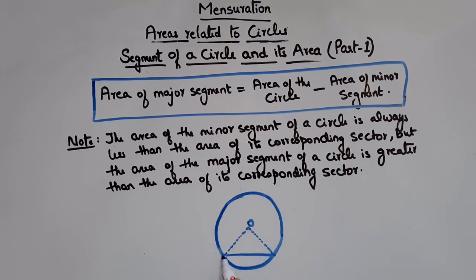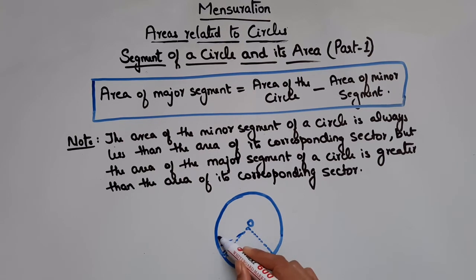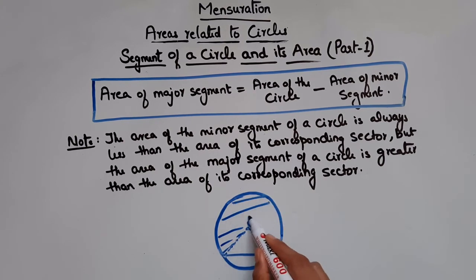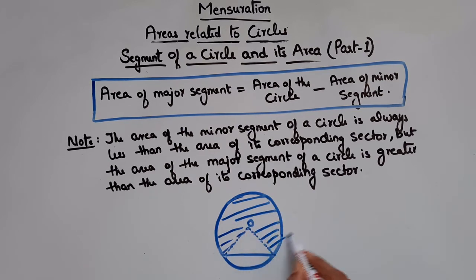Here the major segment is this whole region. So the area of this whole region is always greater than its corresponding sector. Its corresponding sector is from here to here, this part only, right? So this region only. So I hope you are getting my point.